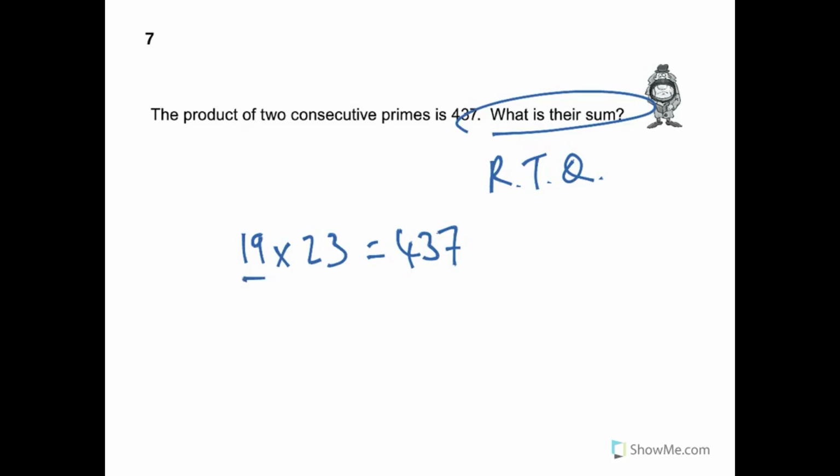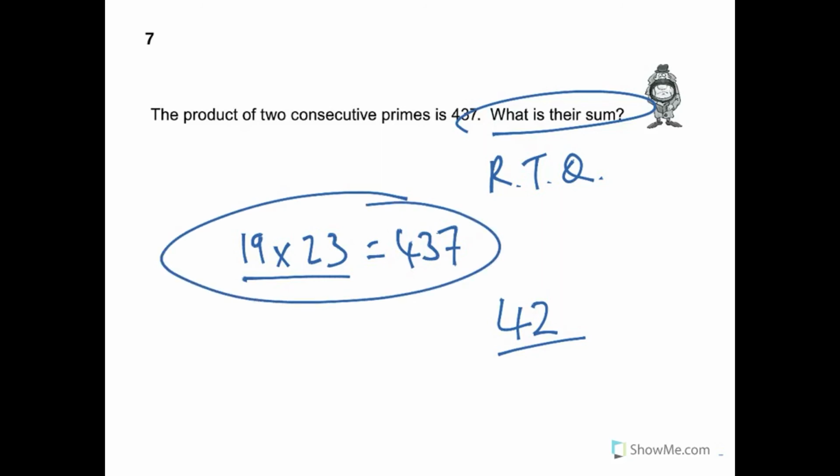The question wants you to give the sum of these two integers that you found. So actually 19 add 23. So the answer to the question is actually 42. So be careful that you do actually answer the question rather than answering your own question. If you got as far as this here, you've got half of the marks on that question. You need to do this bit for both marks. On to the next question.